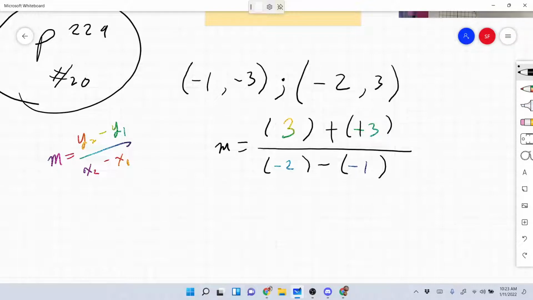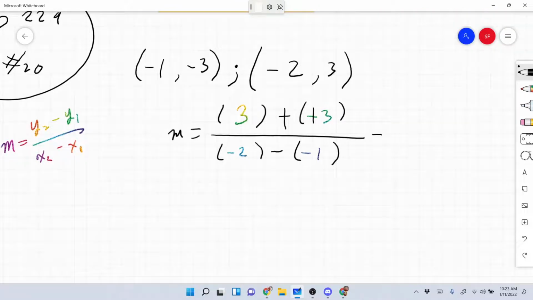We could chink, right? 6. Equals 6. And then we could chink down here. What's -2 plus 1? -1. So our m is what number? -6/1. Or just -6, right? Either one is probably correct since it's a slope.